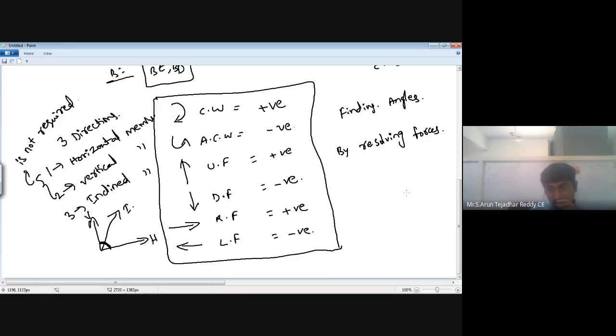Suppose one example: this is joint A, and here a horizontal force is there, and here some angle, maybe take 30 degrees, and this is the inclined member. So how to resolve the forces? All of you observe this point. Your angle is here, that is 30 degrees, so the corresponding angle may come here.